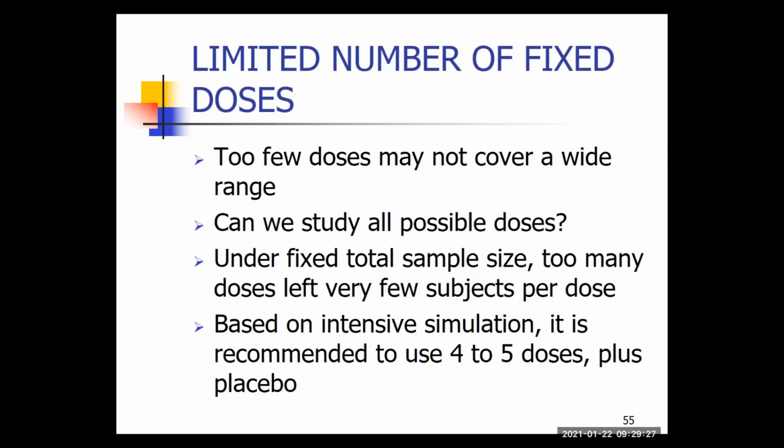Then the blinding, the logistics, and all those kind of stuff, and the formulation, and the number of bottles of pills patients will take, that's going to be a lot more logistic headaches. But of course, 3 doses is not getting it. So 4 to 5 doses is very appropriate.